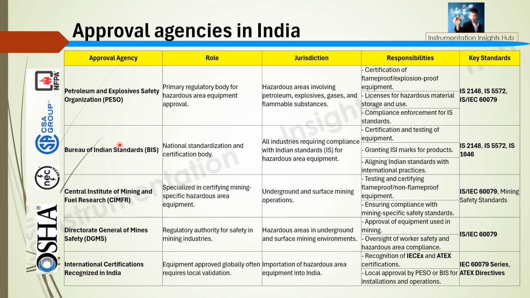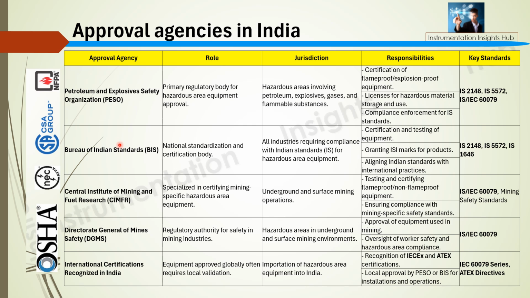For the oil and gas industry, PESO and BIS are the main approval agencies, and the key standards start with IS, Indian Standard. You can find details on 2148 and 5572 on the internet. For the mining industry, there are CIMFR and the Directorate General of Mine Safety, DGMS.